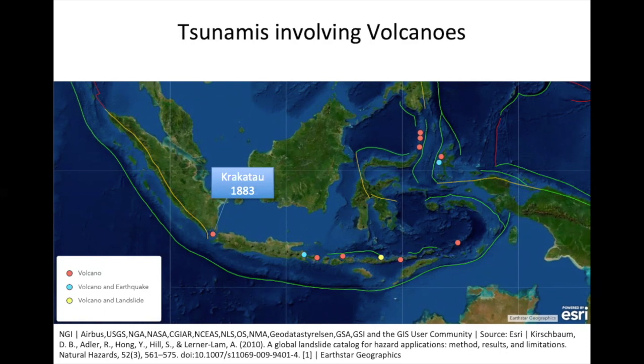It completely changed the immediate geography. And there are competing hypotheses about what actually caused the eruption, whether it was a slump, so a combination of volcano and landslide activity, or an earthquake perhaps, or simply subsidence.